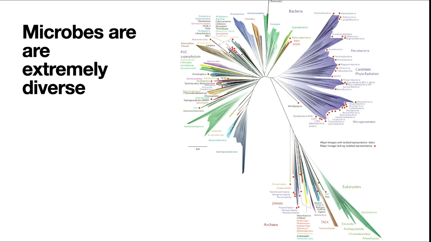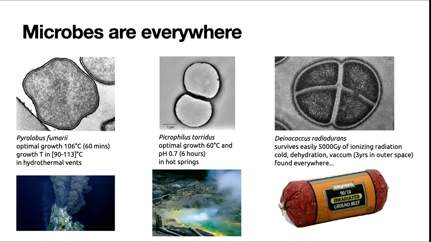Okay, so as I said, there is a lot of diversity, and the result of this very large diversity is that microbes are really everywhere. So these are some extreme cases.